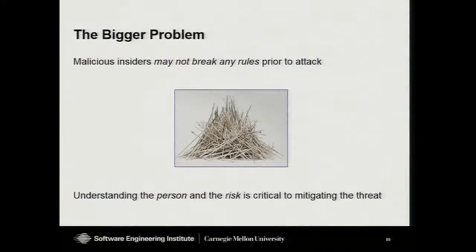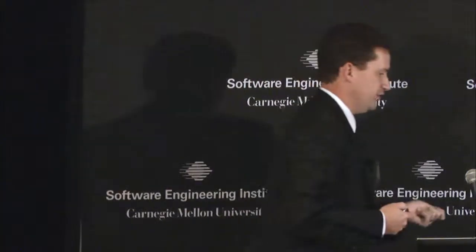Okay, as if it couldn't get any harder, right? Any more difficult. Insiders may not break any rules at all. There may be no alerts. There may be no red flags in those systems. There may be very few indicators. They may not do anything that would rise above the level of concerning to organizations. So Kurt mentioned trying to find a toothpick in a field of haystacks.